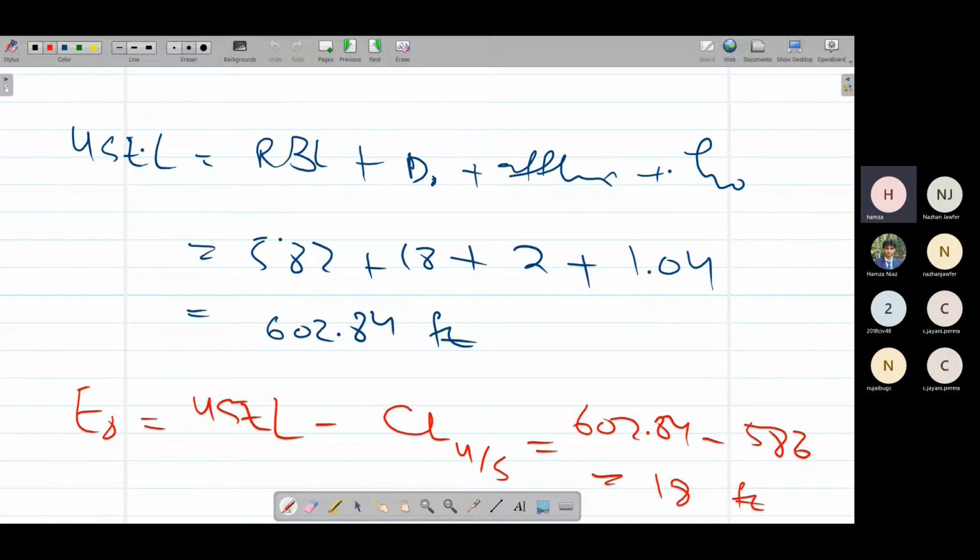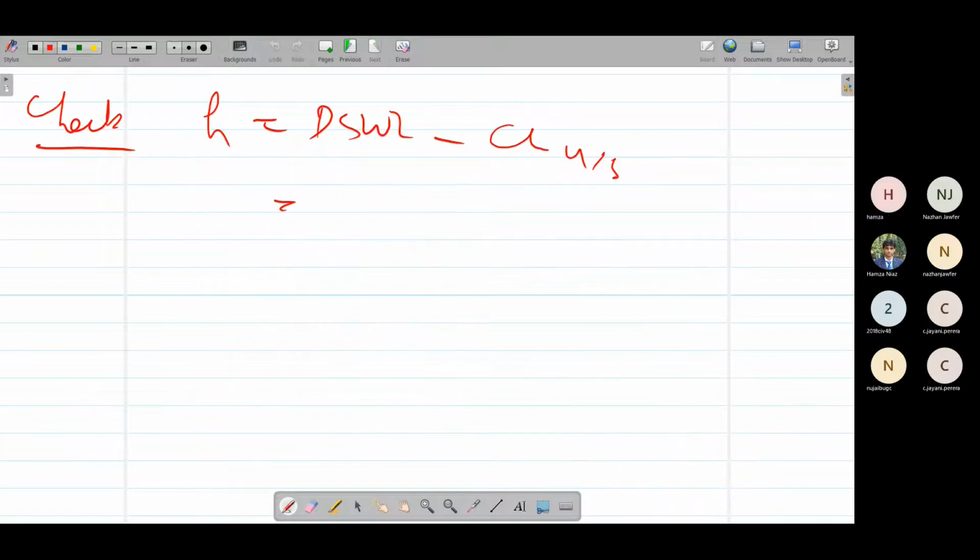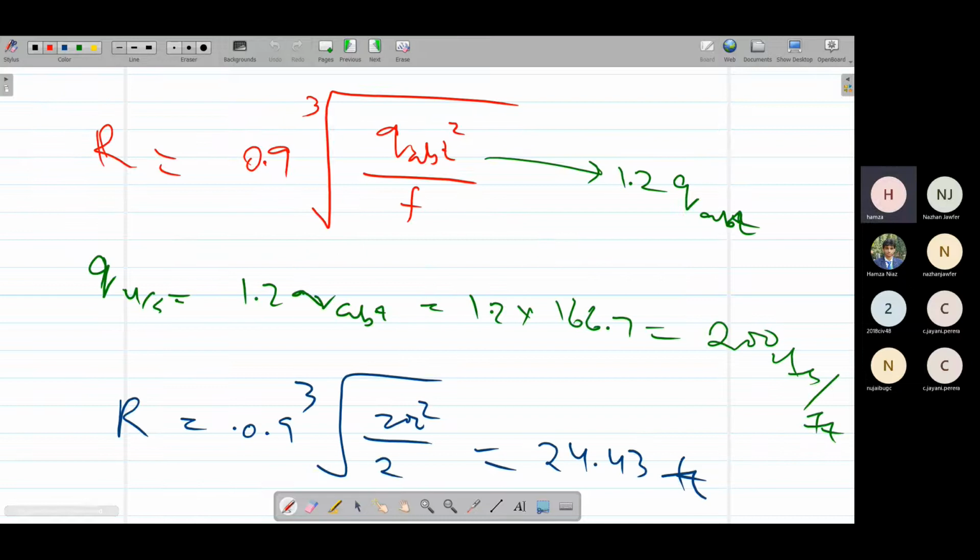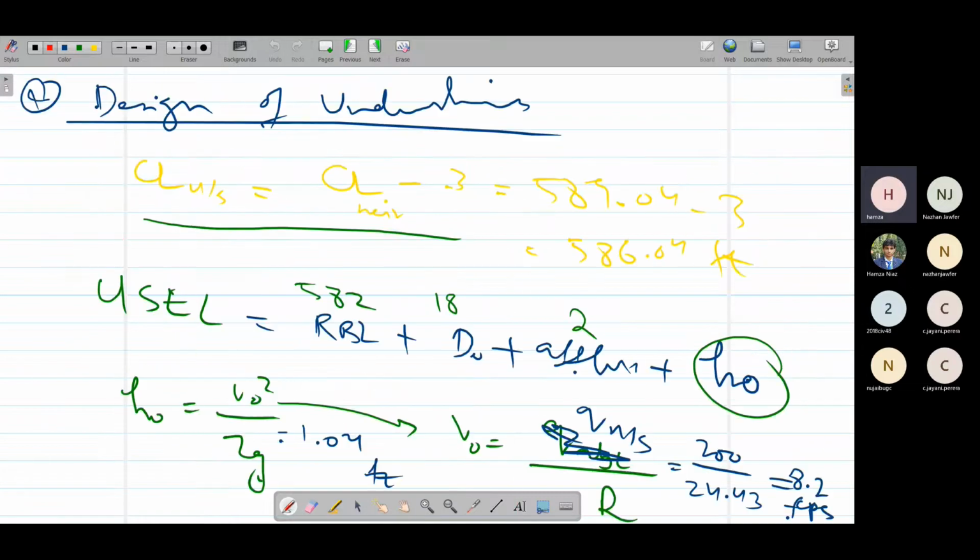Okay, so we know this upstream energy level is 602.84 feet. So simply 602.84 minus how much we lowered the weir crest. For undersluice portion, remember we lowered the weir crest by 3 feet.